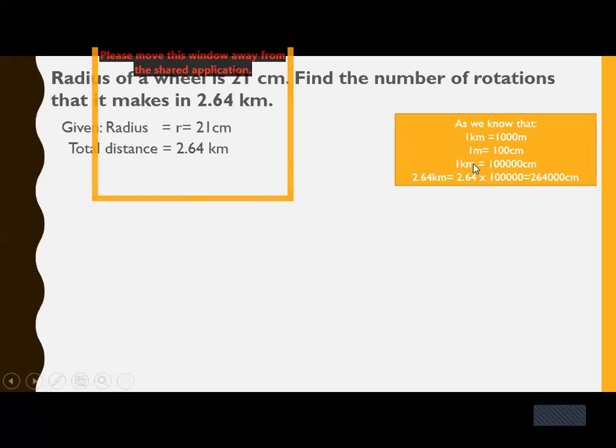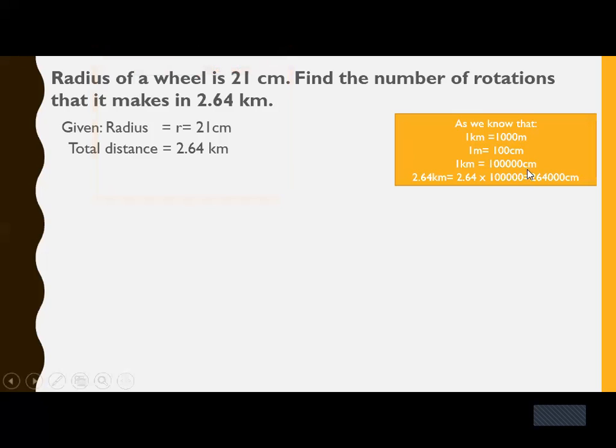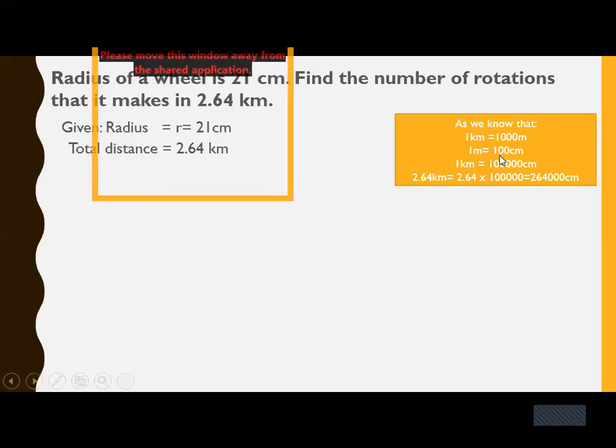Here we get 1 kilometer is equal to 1 with 5 zeros centimeters. Why is it so? Because 1 kilometer is equal to 1000 meters, and 1 meter is equal to 100 centimeters. So 1 kilometer is equal to 1 lakh centimeters, that means 1 with 5 zeros.